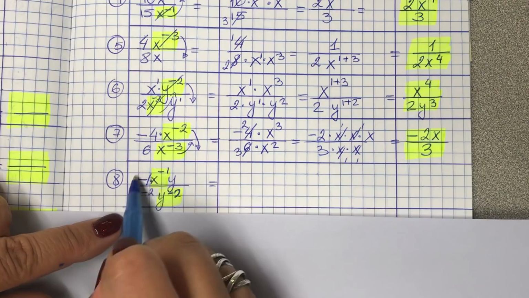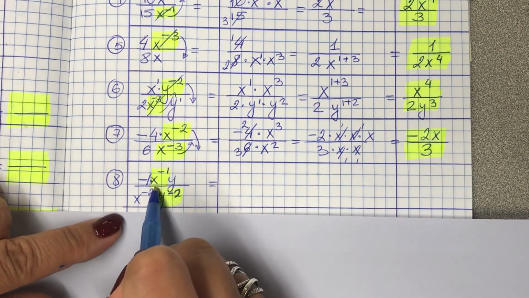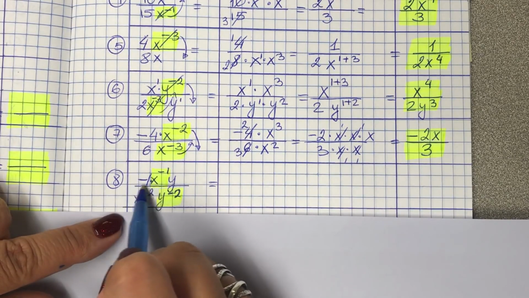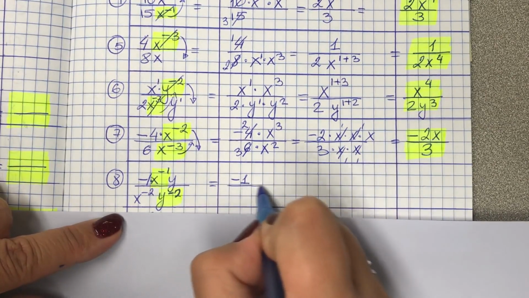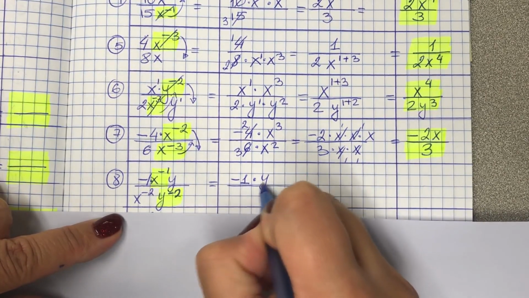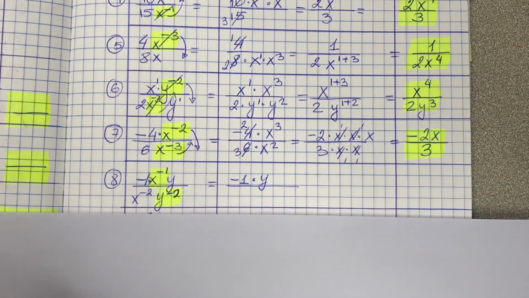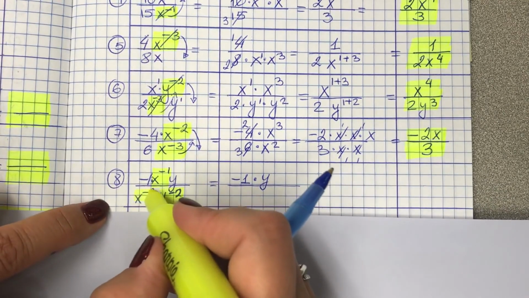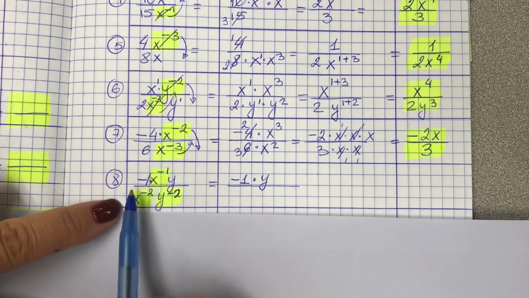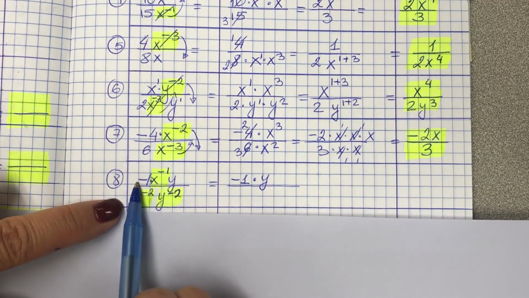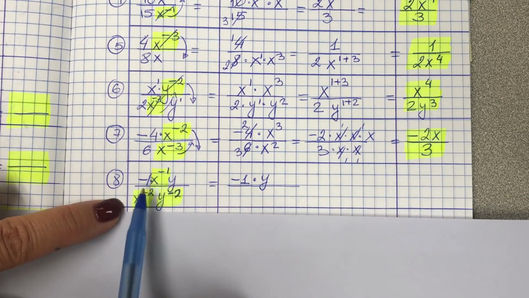So that negative 1 does not belong to the x to the negative 1. They're two separate things. So leave the negative 1, leave the y, those were the only two that are not affected by negative exponents.